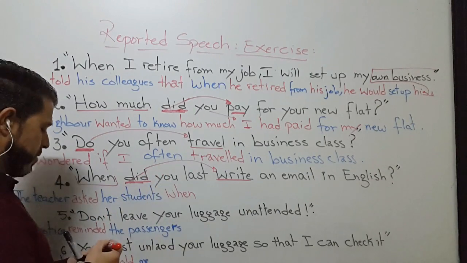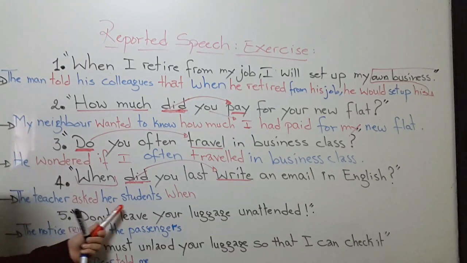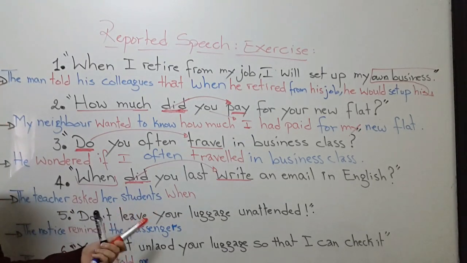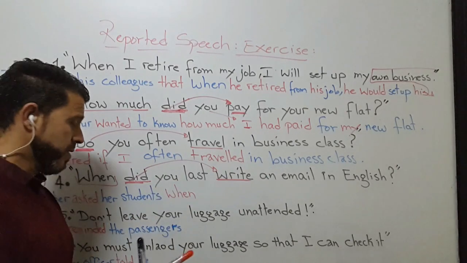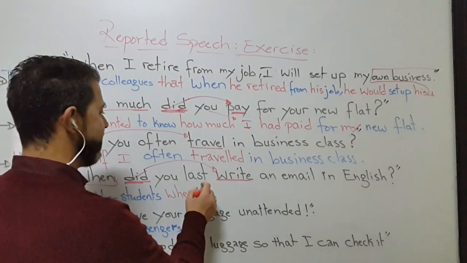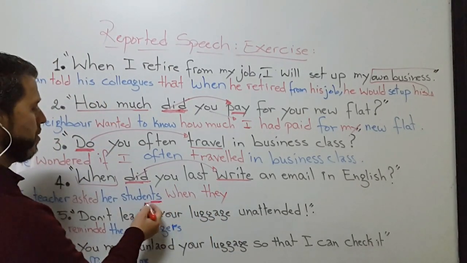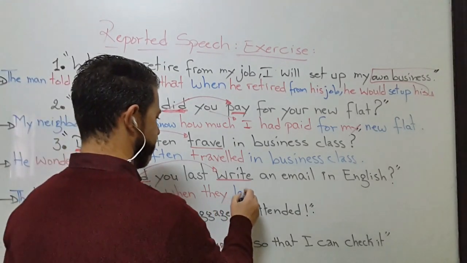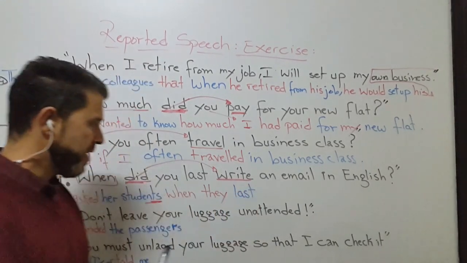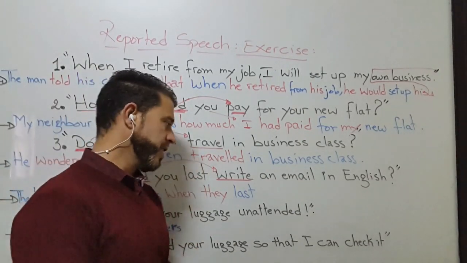Then we keep the subject. Then the teacher asked her students. Here we stop at teacher. She asked her students. Here the you becomes plural, okay? Since we have students, when they, not I. When they last, it's a verb of time, in the simple past it becomes past perfect.